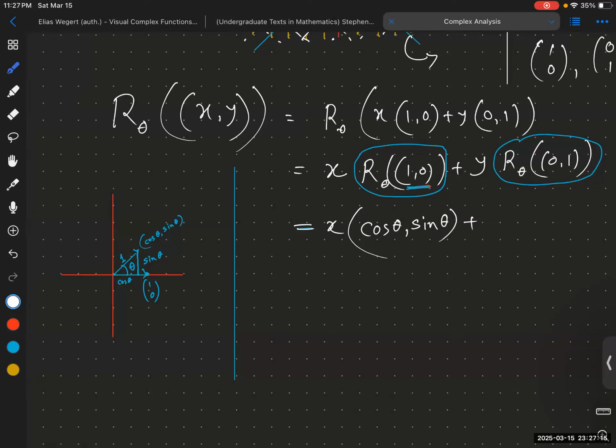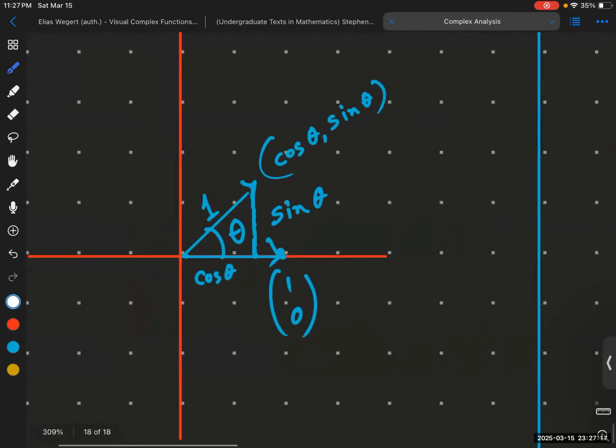And what will happen to the (0, 1) vector? So let's say this is our (0, 1) vector. It will also be rotated by an angle theta. So we get a new vector like this.